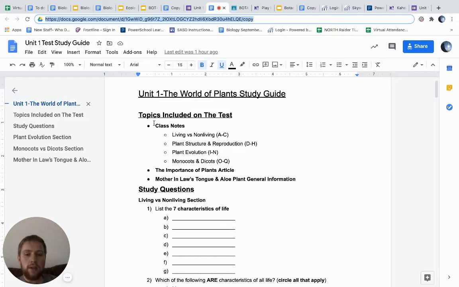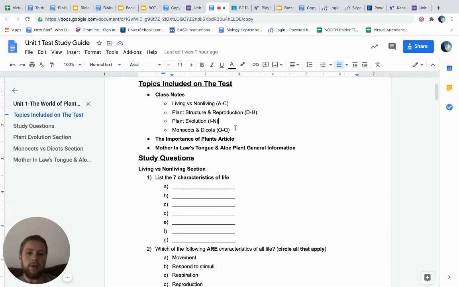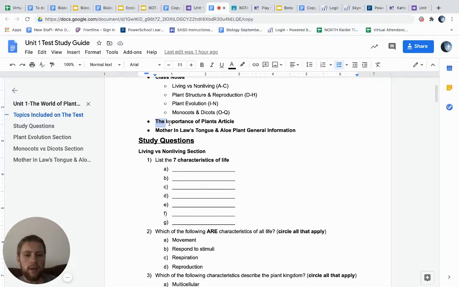So the study guide and our test is going to cover class notes. Remember, our quiz just covered the first two, but now our test is going to cover all 4 notes presentations. Then it's going to cover the importance of plants article, where there's really only going to be one question, regarding the 4 key resources that plants provide for us and for society.